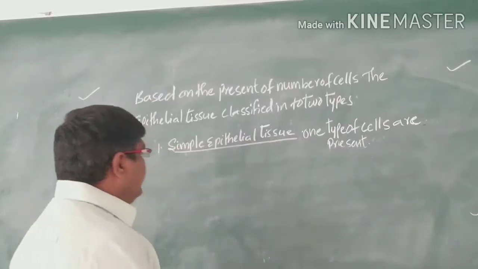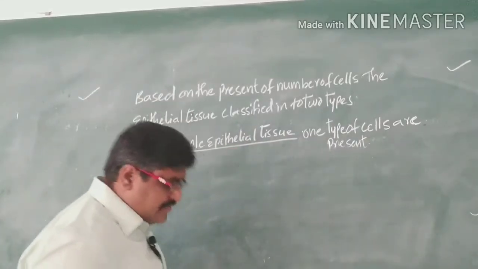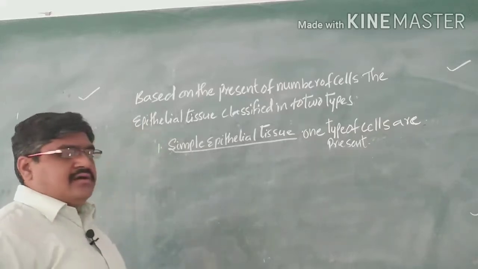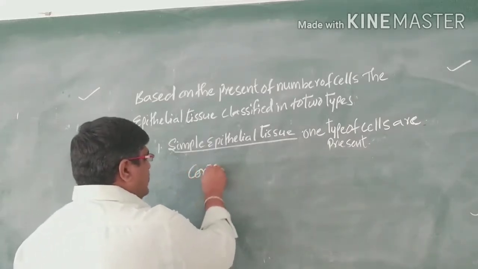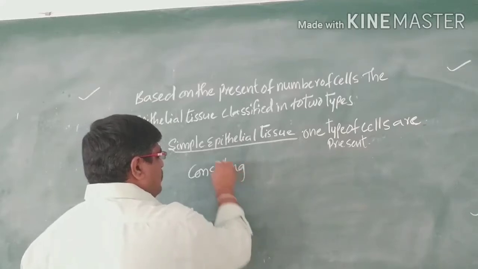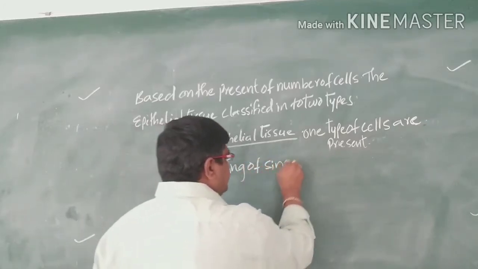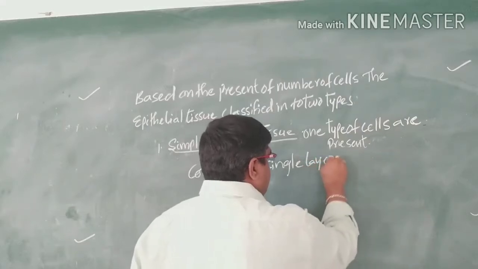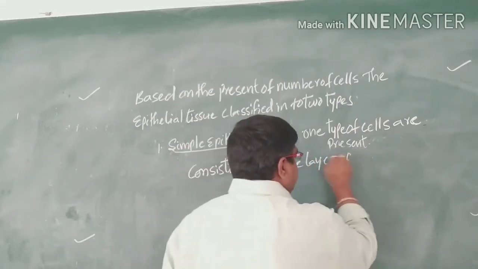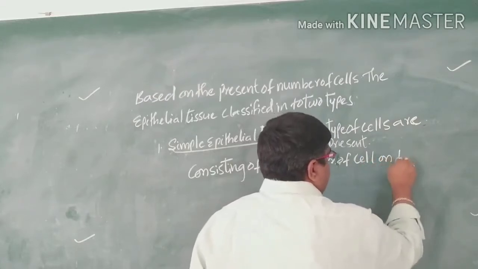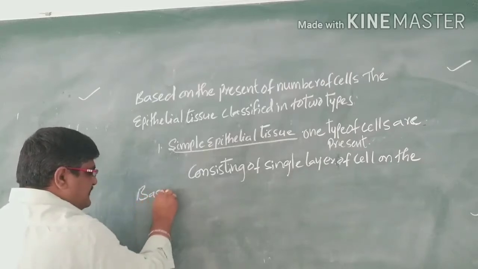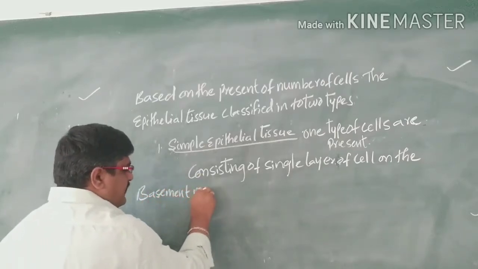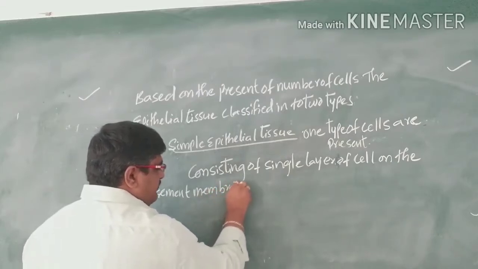Simple epithelial cells consist of a single layer of cells on the basement membrane.